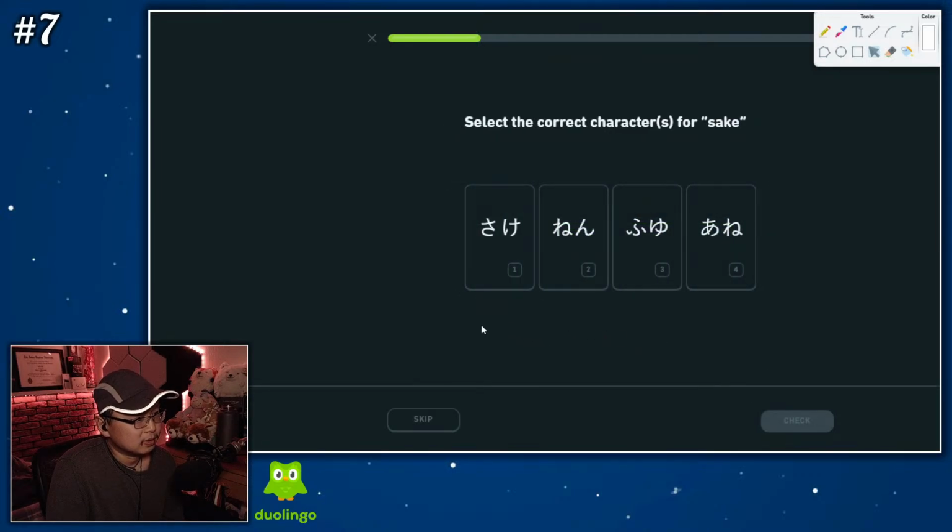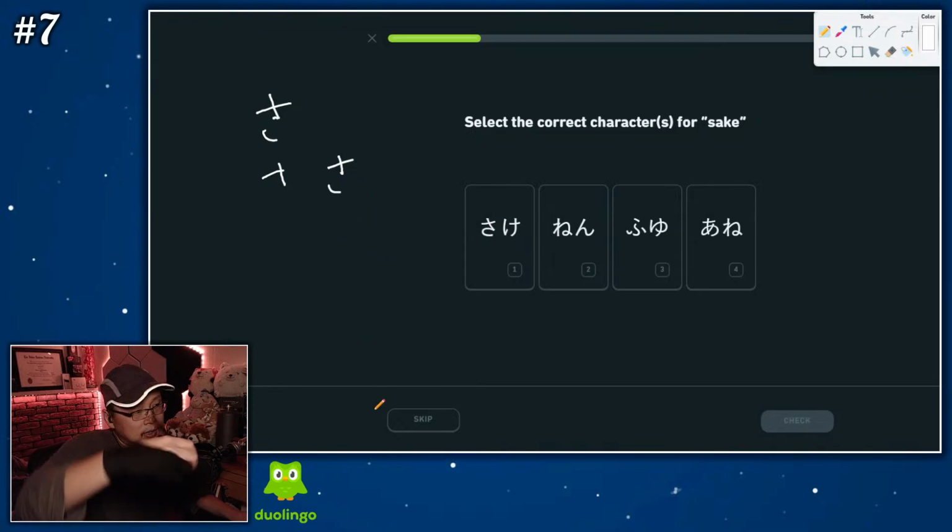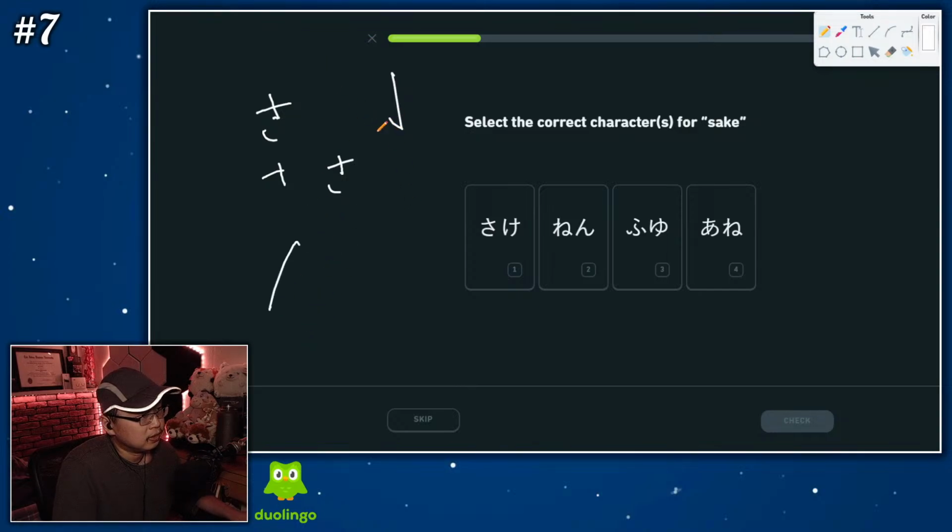Sake. Let's write out sake. There's supposed to be a flick here, but this program doesn't flick properly. Whenever I do brush strokes, which I really like doing, if you're going too low, it doesn't flick properly.